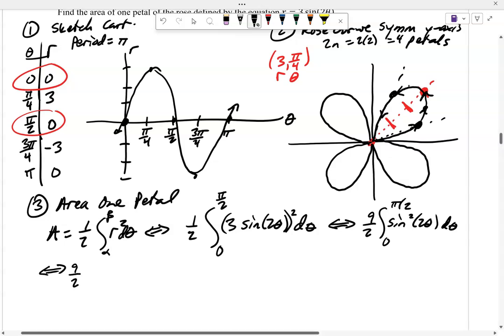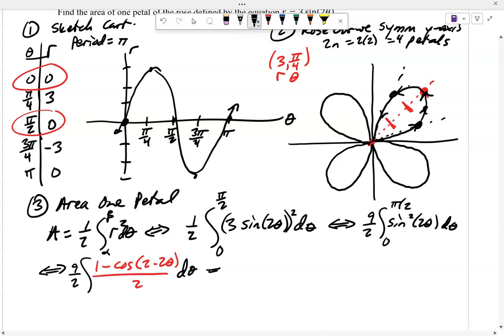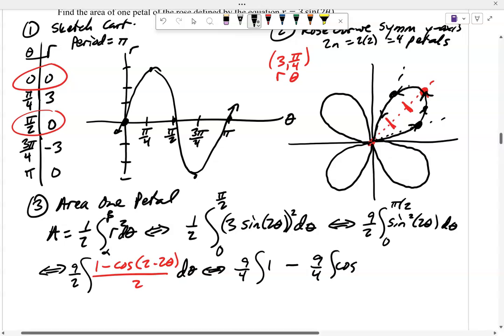I'm going to use that power reducing again. So I'll have 1 minus cosine of 2 times the 2 theta all over 2. That gives 9/4 times 1 minus cosine 4 theta d theta.